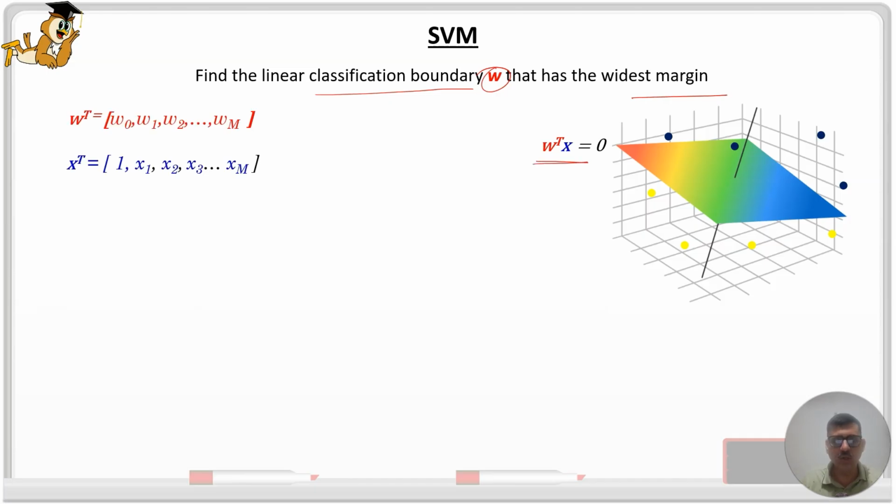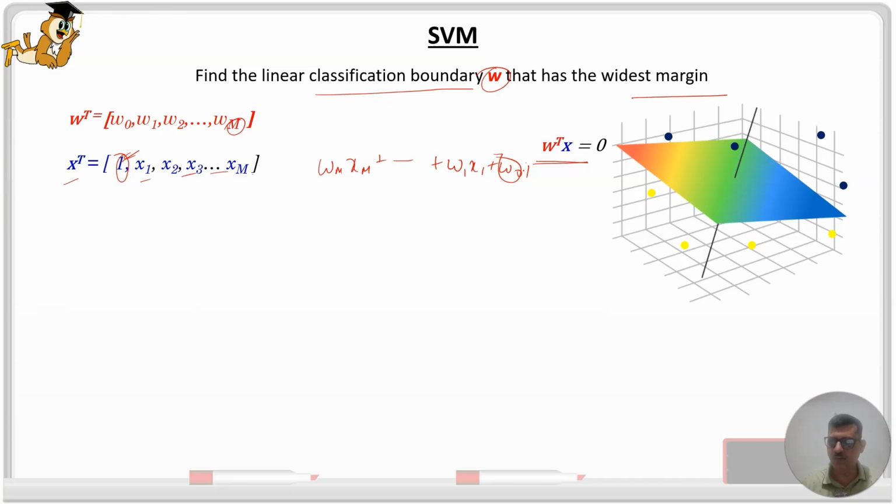To refresh our notation, W transpose is W0, W1, W2 up to Wm. M is the number of independent variables, and your X vector is x1, x2, x3, up to xm with a 1 that multiplies W0. Because remember, the equation of the plane is Wm xm plus all the way to w1 x1 plus w0. So there is a 1 implicit over here which goes in the x vector, and this is your w0 right here. So the 1 multiplies the w0.